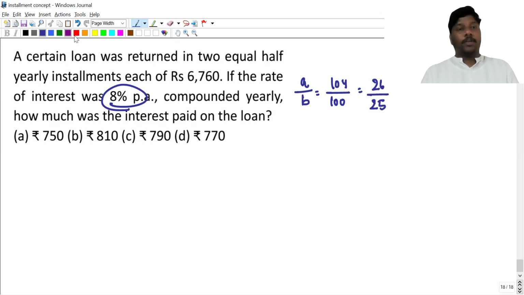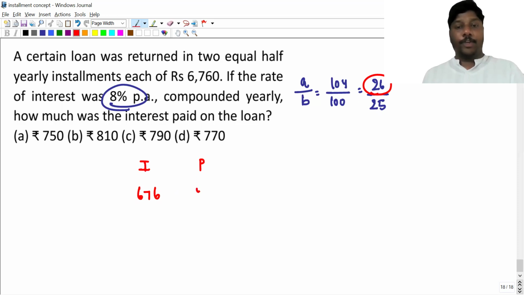104 by 100 is 26 by 25. Now you got your a value and b value. It is only for 2 half years, which means you consider it as 2 separate years, because I have reduced the rate of interest, we only took half a year, so you can consider it as 2 half years. Same procedure. Your principal and installment. Installment becomes a square, 676, because 26 square.